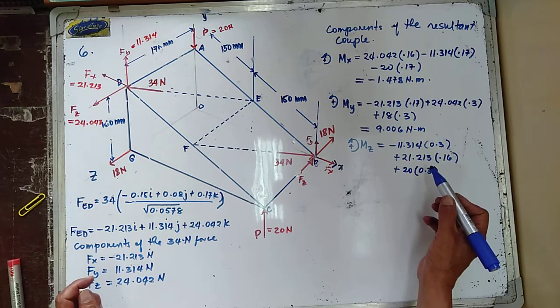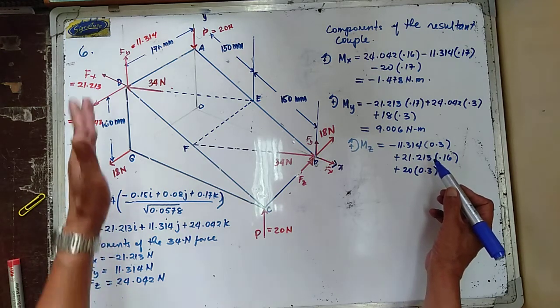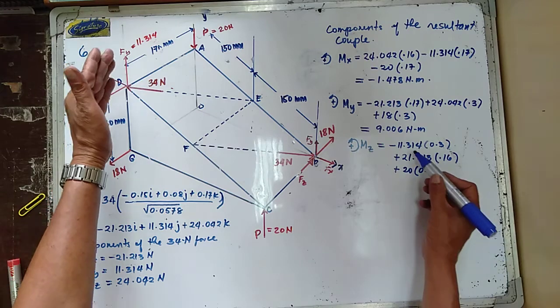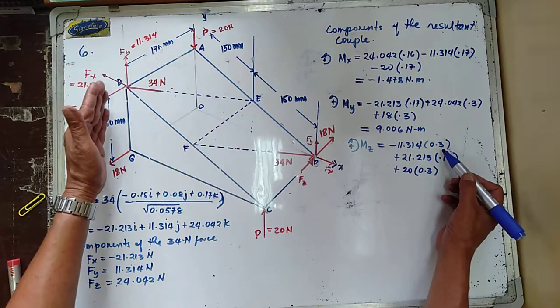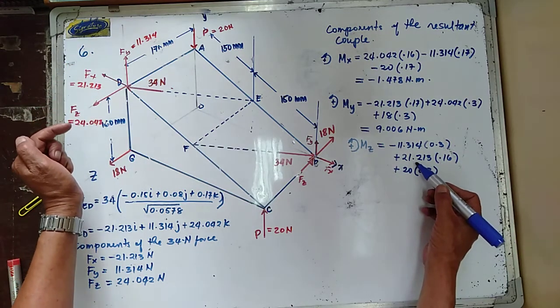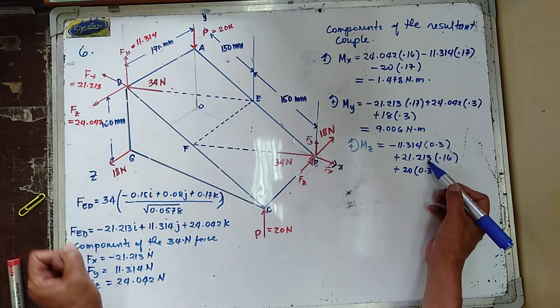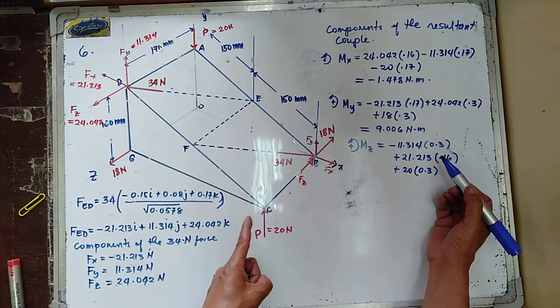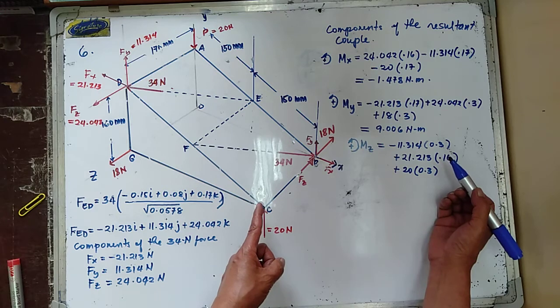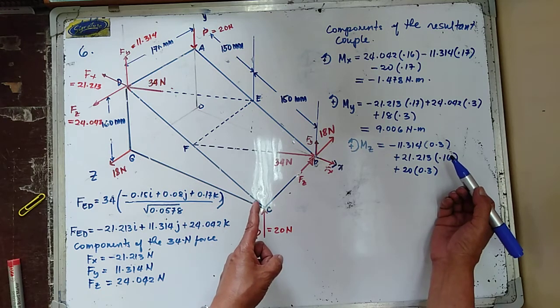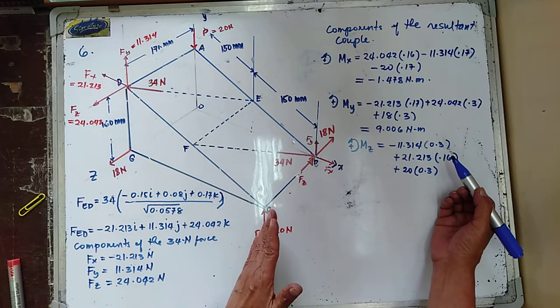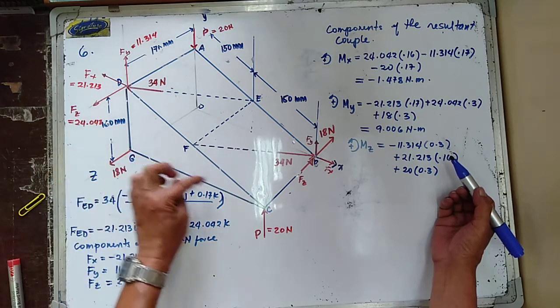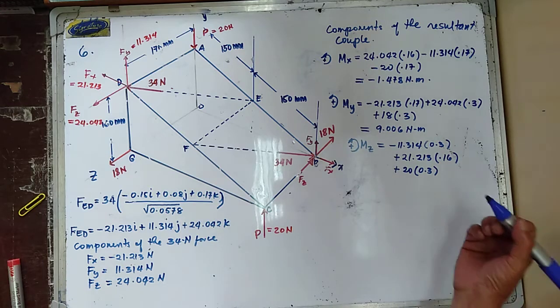So we have minus 11.314 times 0.3, plus 21.213 multiplied by 0.16, plus your 20 multiplied by 0.3.